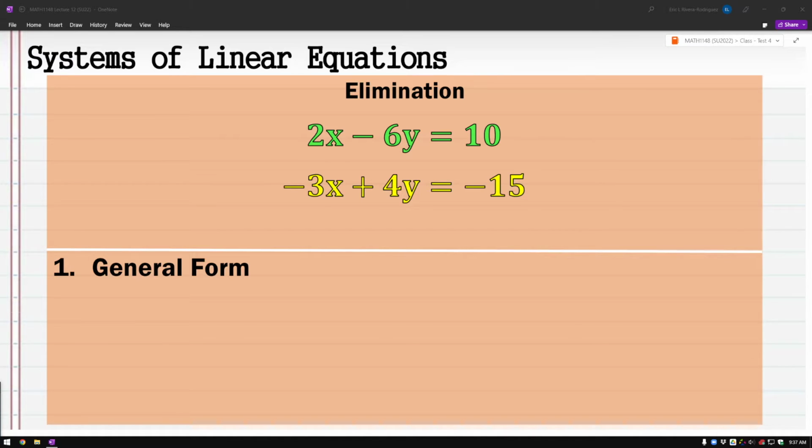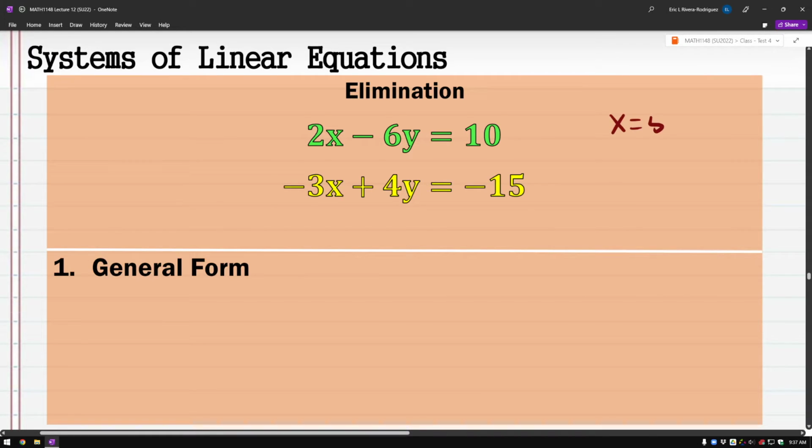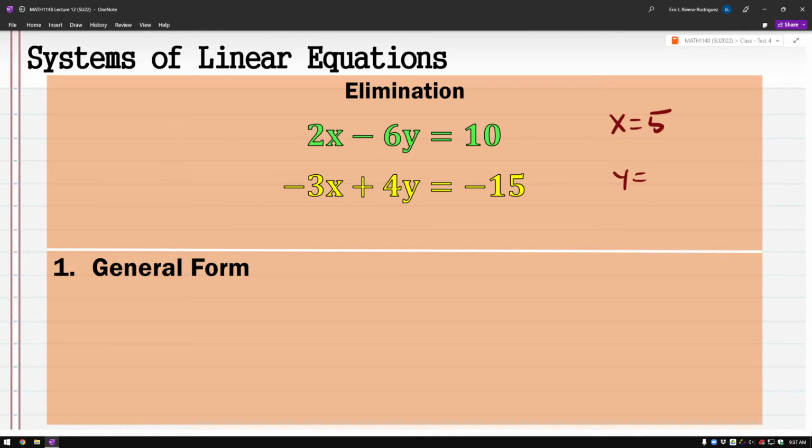I think Mohammed said that. Okay, Mohammed, did you get the solution? What values did you get for x and y? X equals 5, and you were solving for y. Okay.